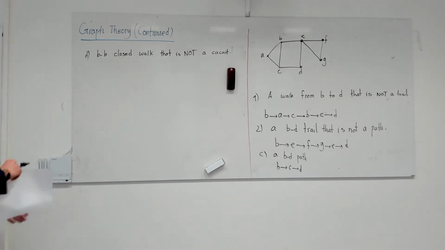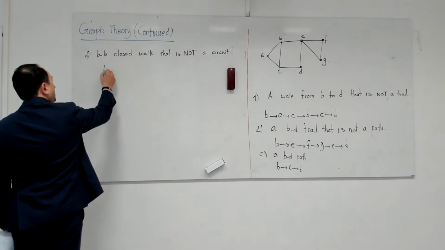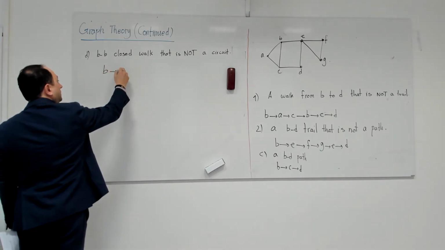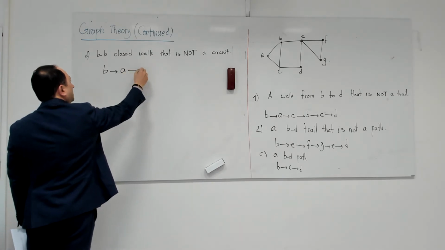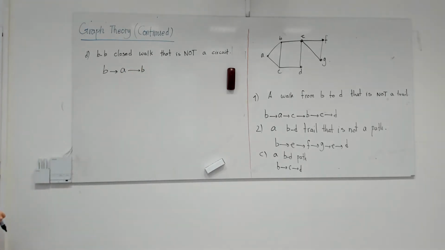B to A and then A to B. So B to A to B. This is an extreme case. I'm a little bit confused here. Is this by convention acceptable as a circuit? In a circuit, we need to have at least one edge. We have it. So, yes, I would say that's correct.